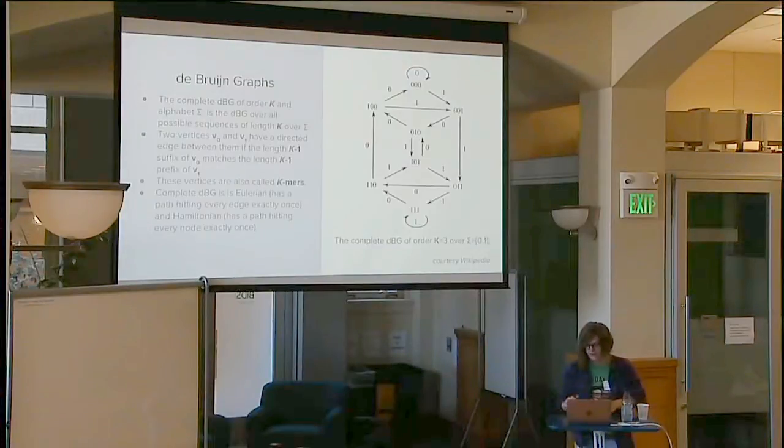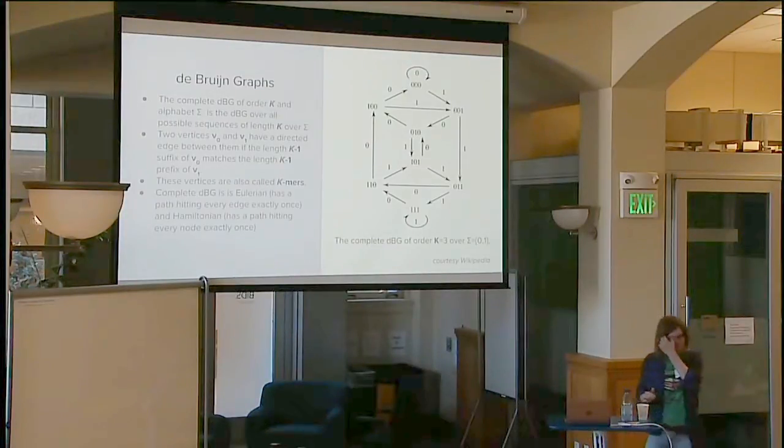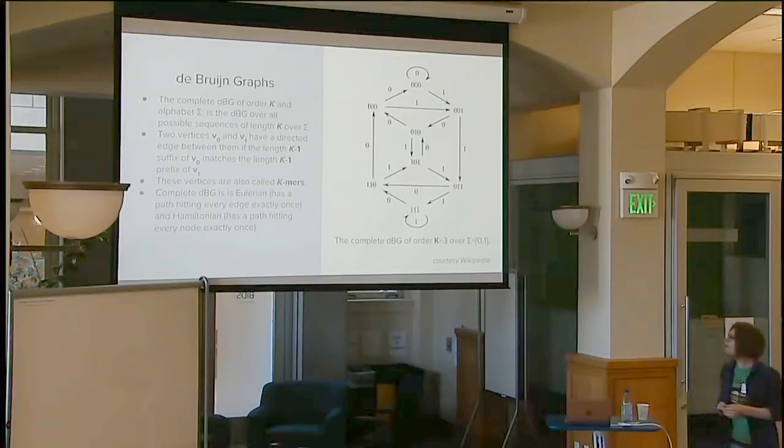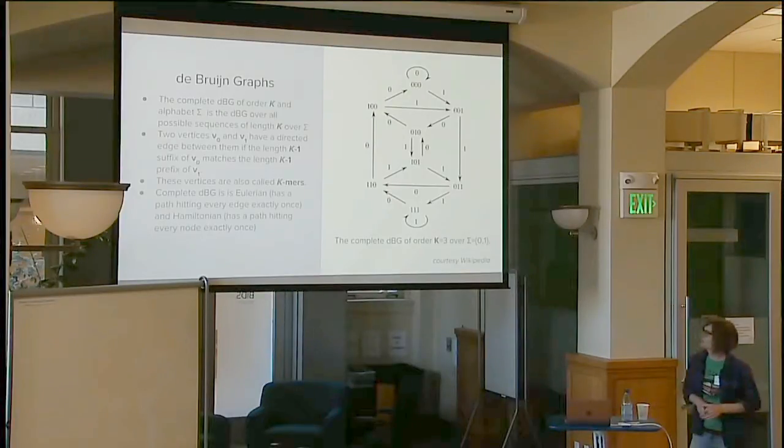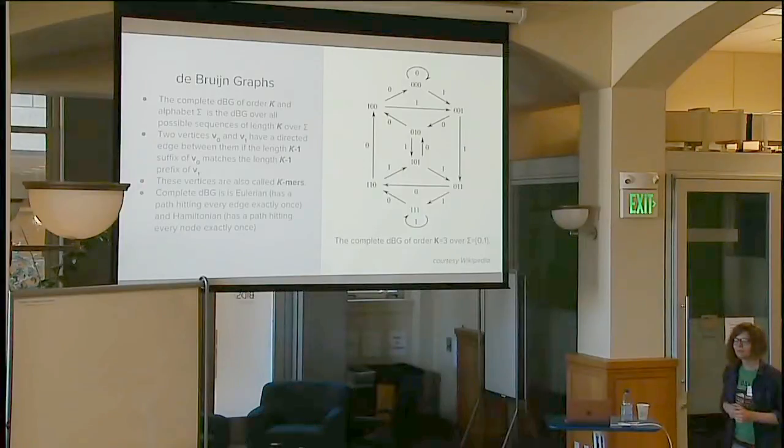So that structure is the de Bruijn graph. De Bruijn graphs started off as this kind of obscure combinatorial problem in the late 1800s. Nobody paid attention to them for a long time until some networking applications showed up, like in the 90s, and then eventually genome assembly.